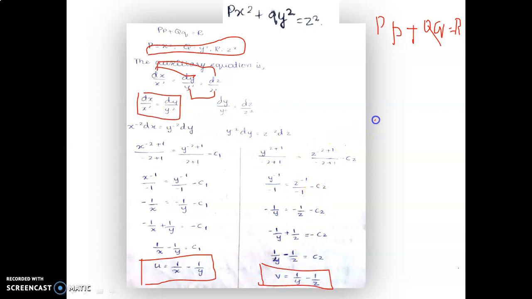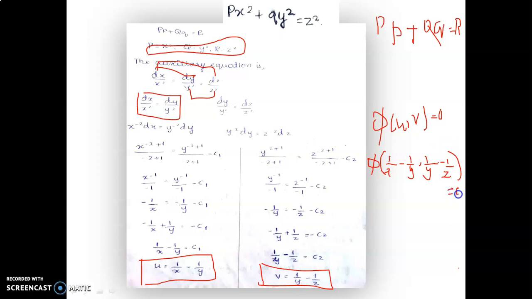And if you write it in the form of phi of u comma v, the solution will be, either I can use f or phi, it's up to you: phi of 1 by x minus 1 by y comma 1 by y minus 1 by z equal to 0.